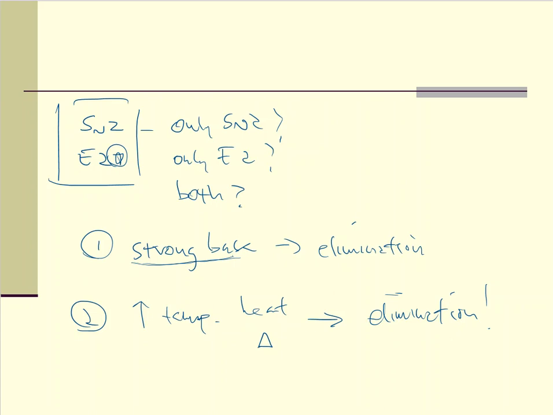Again, both versions happen. Both versions are produced as a product. They both can be represented. But if I'm given the task to pick out the one in higher concentration or the one that's the favorite, the major product, it will be elimination anytime we use a strong base and anytime we increase the temperature.